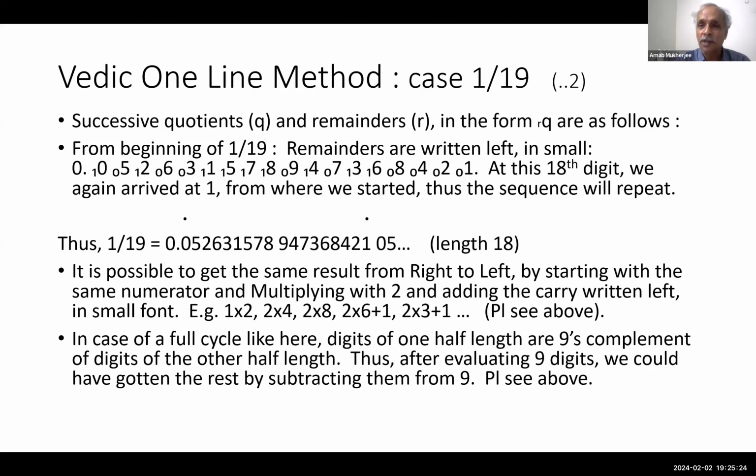Imagine how much effort you would have to make. 1 by 19 itself will take very long. Again, 2 by 19. Probably one copybook will be full with 1 by 19 to 18 by 19. But here, this one line gives you the answer for all the fractions. You tell me what you want. How much by 19 do you want?